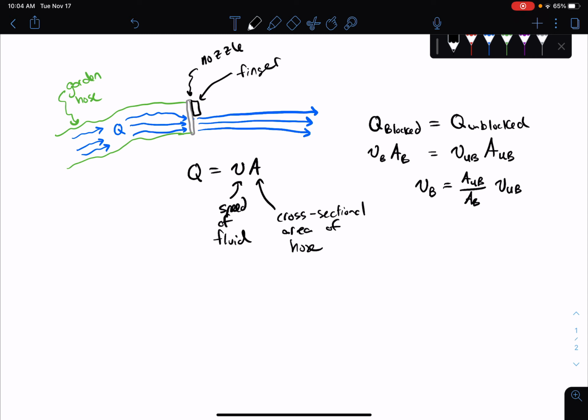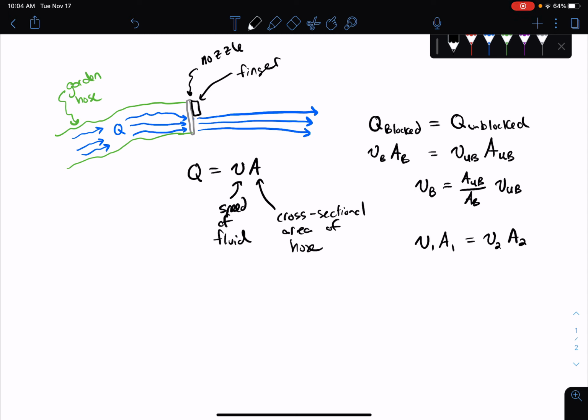And this we quantify in a more general equation where we would say for any 2 points in the pipe or a hose or anything, points 1 and 2, this is a general equation that we'll use. And this we call the continuity equation.